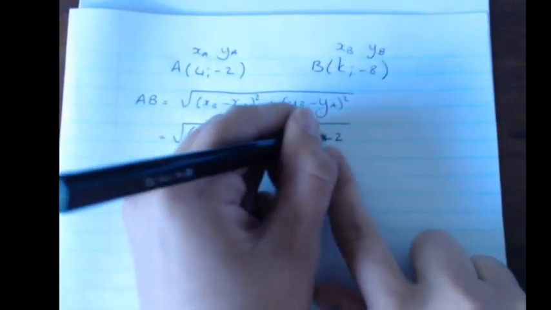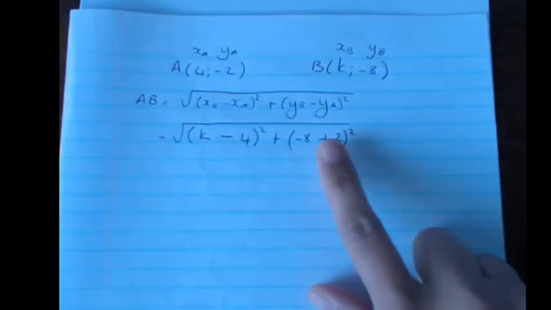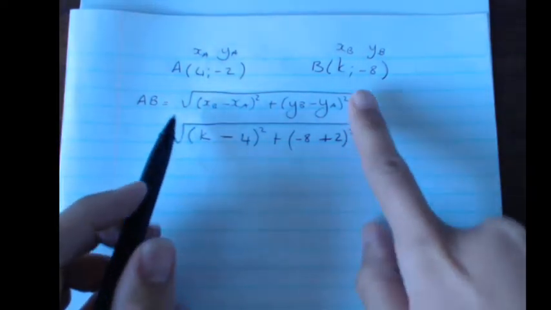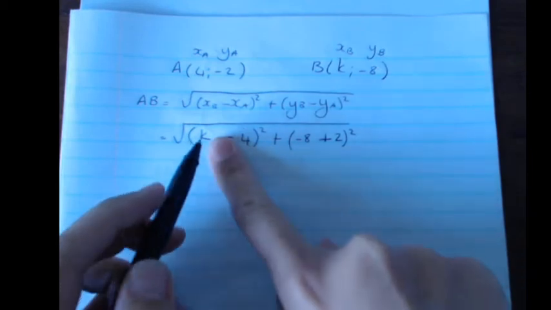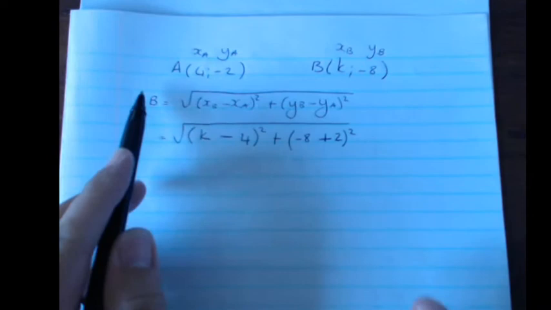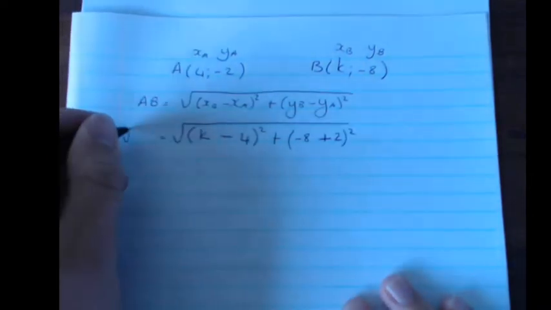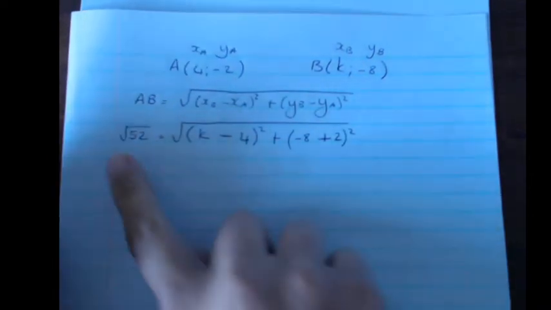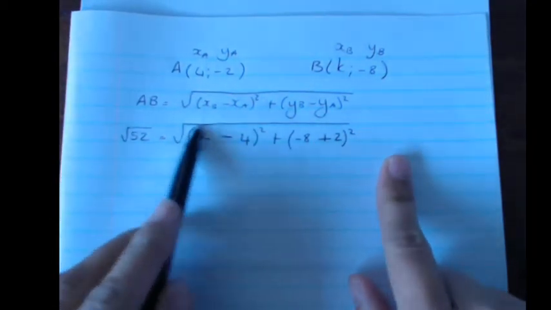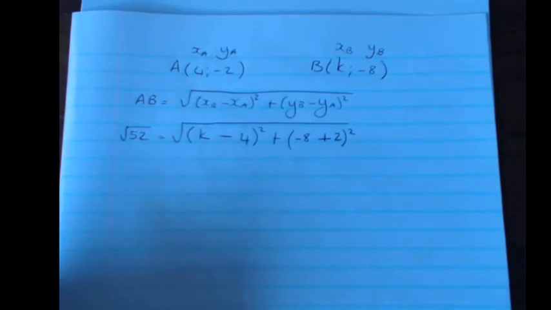That changes into a +2, since negative, negative becomes positive. Now there's a k, but they also told me that AB is root 52 units, so I have the answer I should come to. Now I have an equation in terms of k, like an x, that I should solve.